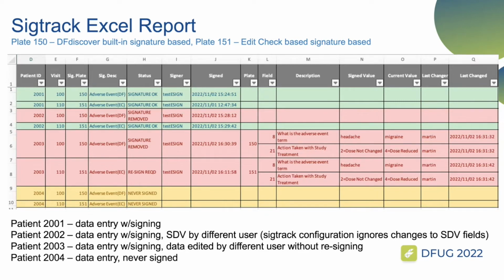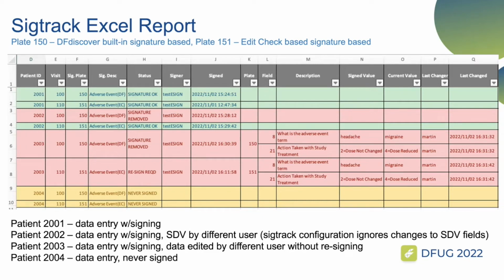Then the username that did the signing and when it was signed. And if there's any change to a signed form, it will tell you what plate and what field number and the description of the field that they're on, what the value was when the signature was executed, what its current value is, and who changed it, and when it was last changed.